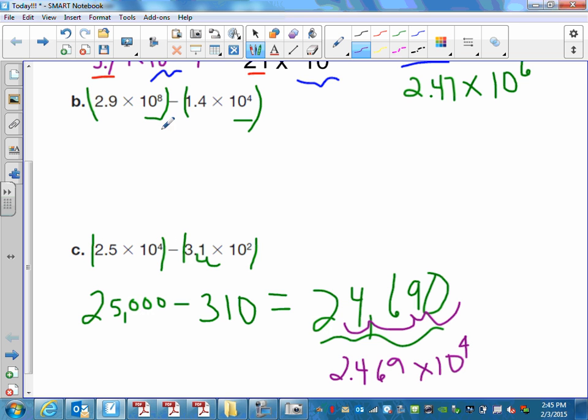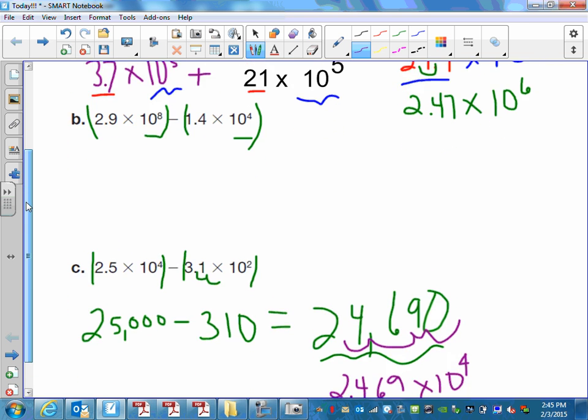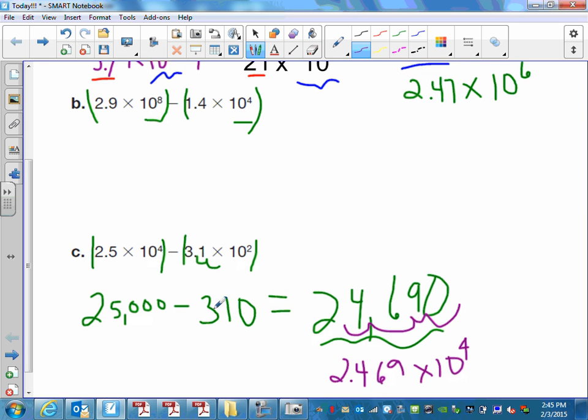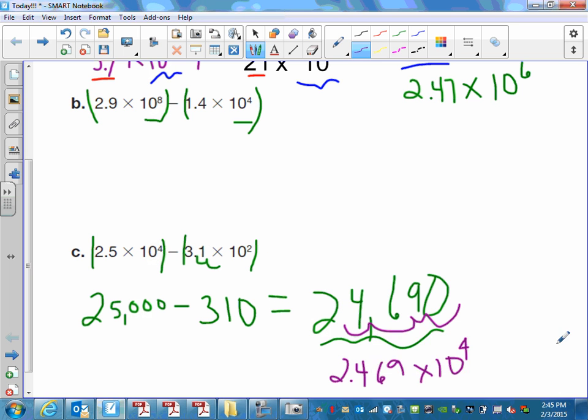So you either can change it to the bases, like we did in A, and I'm going to do the same way in B, or you can do the math and then change it back. But you can't just go, 2.5 minus 3.1 is negative 0.6, and then 4 minus 2 is 10 to the 2. So with subtracting and adding, you either change this second piece to be the same, or you have to do it out. When in doubt, do it out.